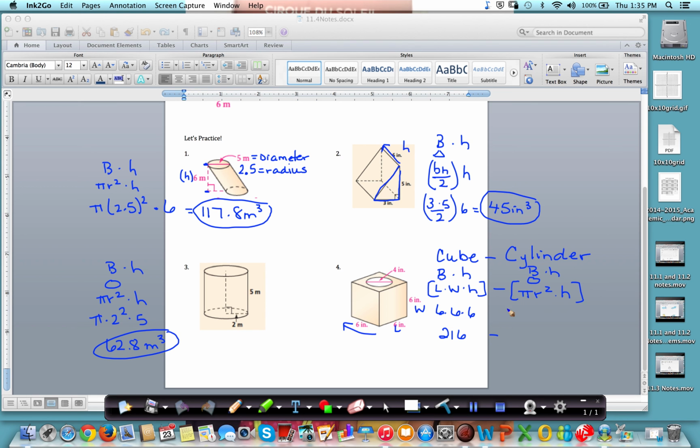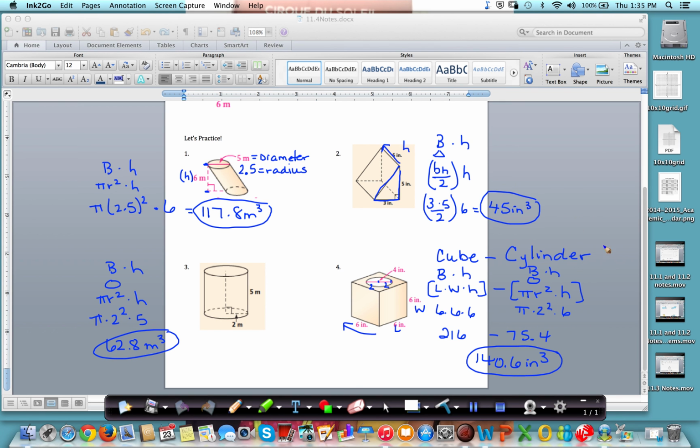And I'm going to subtract from that whatever I get over here. So 4 is my diameter. I just need the radius from here to here. So that's going to be a 2 and a 2, right? So I have pi times 2 squared times the height of my cylinder, which is 6. And that gives me 75.4, for a total of 140.6 inches cubed.